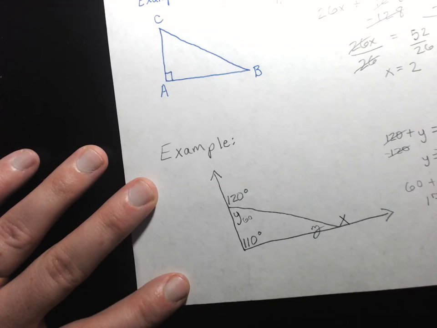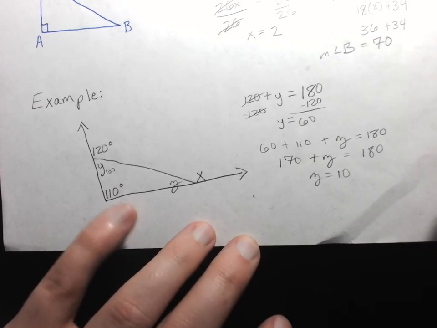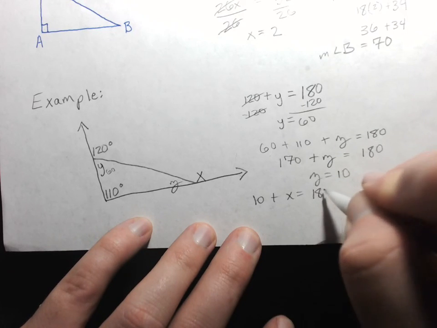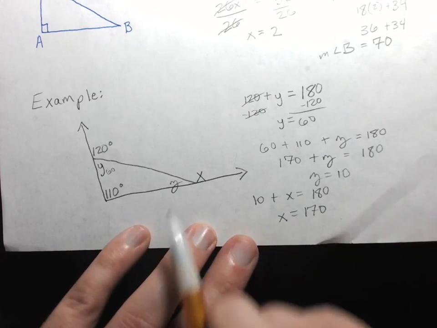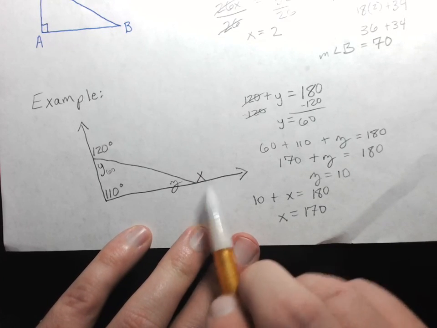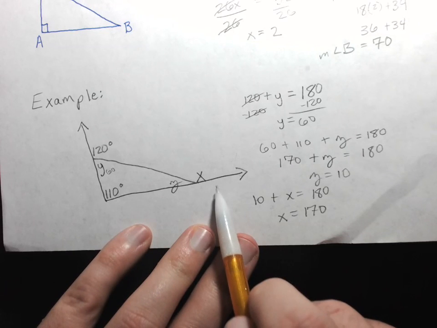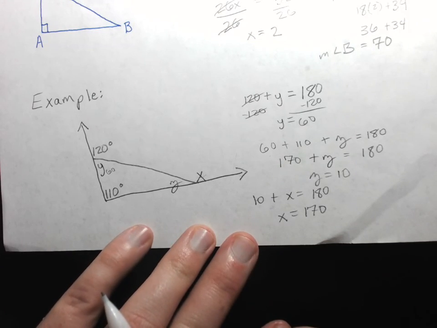Subtract, and z is 10. From there, z plus x, let's see, 10 plus x would equal 180, so x would be 170. So sometimes your triangles will have these exterior angles out here, but still pretty simple because a straight line is 180 degrees. So this plus this is equal to 180, just like a triangle.